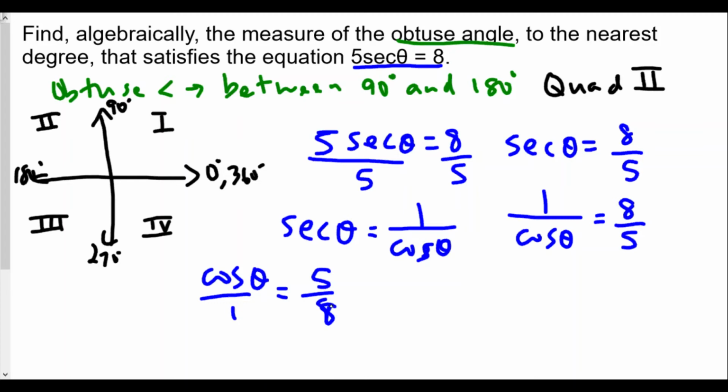Now, reminder: the angle we're talking about is an obtuse angle. That's the angle we're looking for. However, in quad 2, we want to find this reference angle.